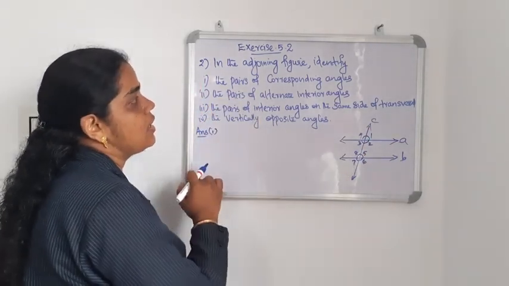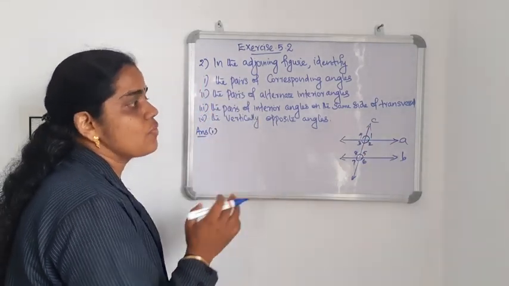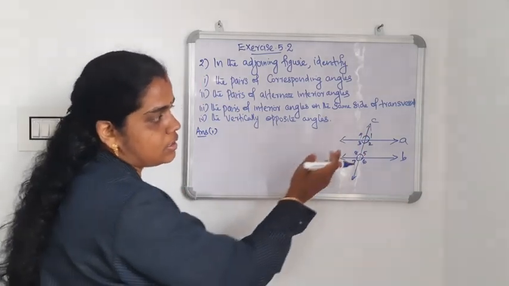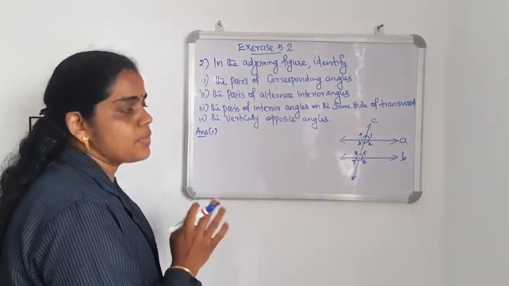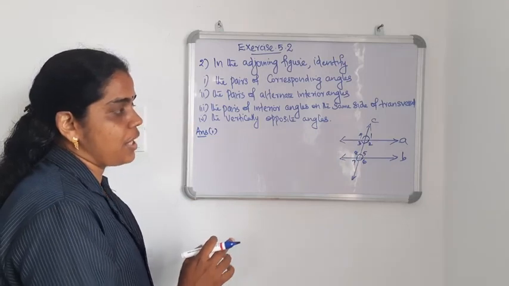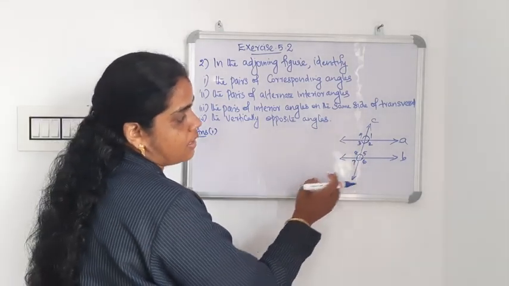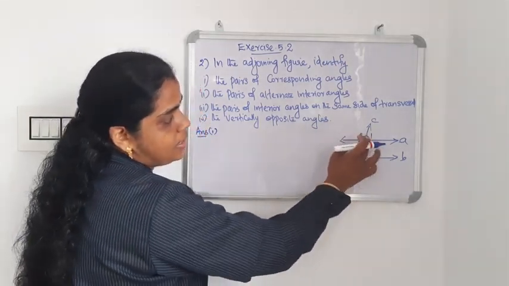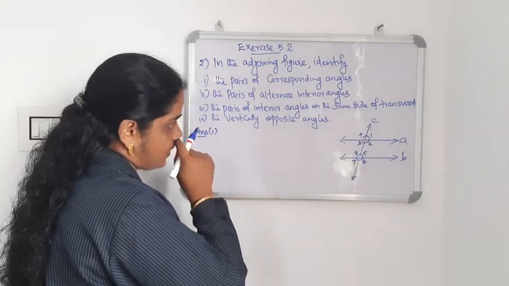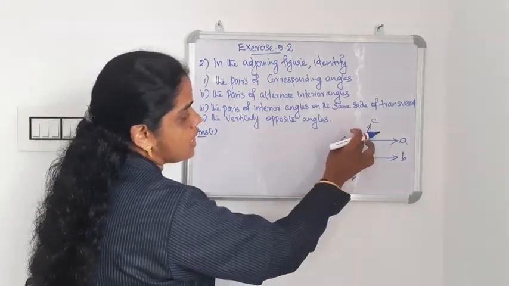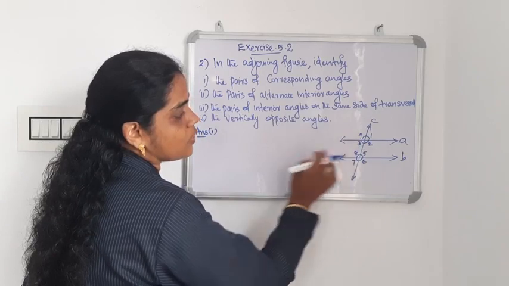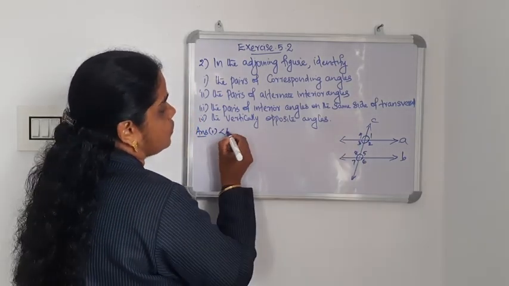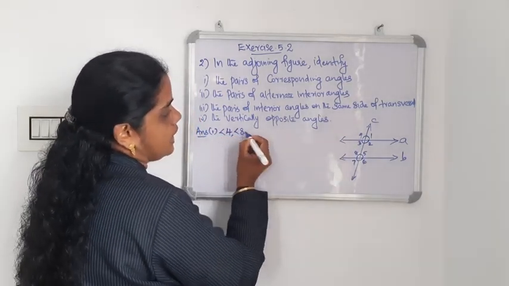First question: pairs of corresponding angles. In this picture, what are the corresponding angles that you need to write? Already you studied, but here the angle names changed.